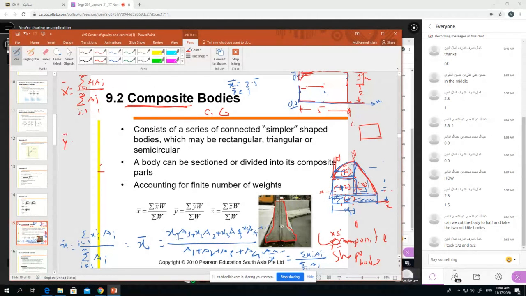Similarly, very simple, y bar, everything is the same. Summation of I equal to 1 to n, y bar also the same, only we write down yi.